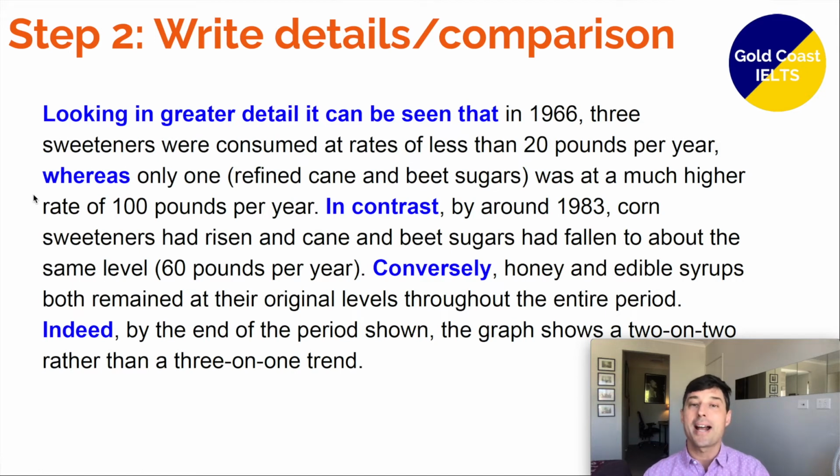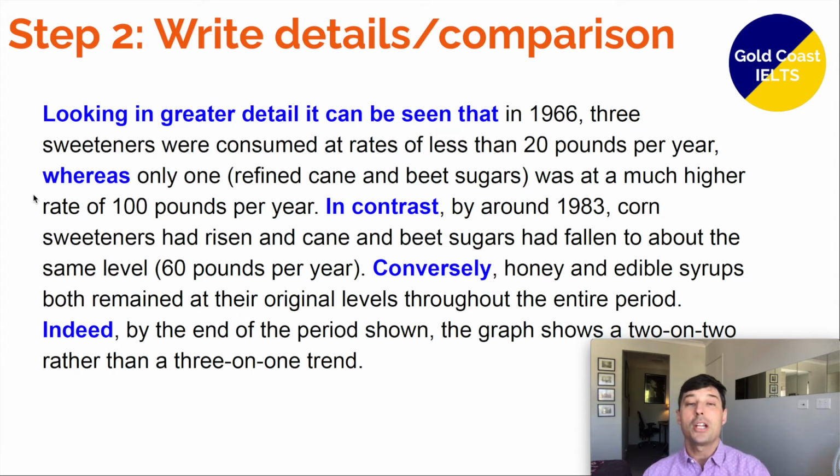In contrast, by around 1983, corn sweeteners had risen and cane and beet sugars had fallen to about the same level, 60 pounds per year. Conversely, honey and edible syrups both remained at their original levels throughout the entire period. Indeed, by the end of the period shown, the graph shows a 2-on-2 rather than a 3-on-1 trend.